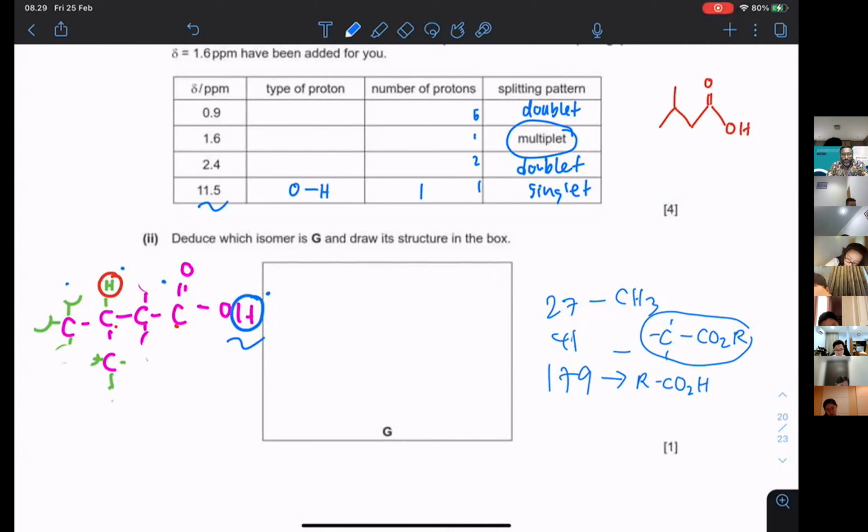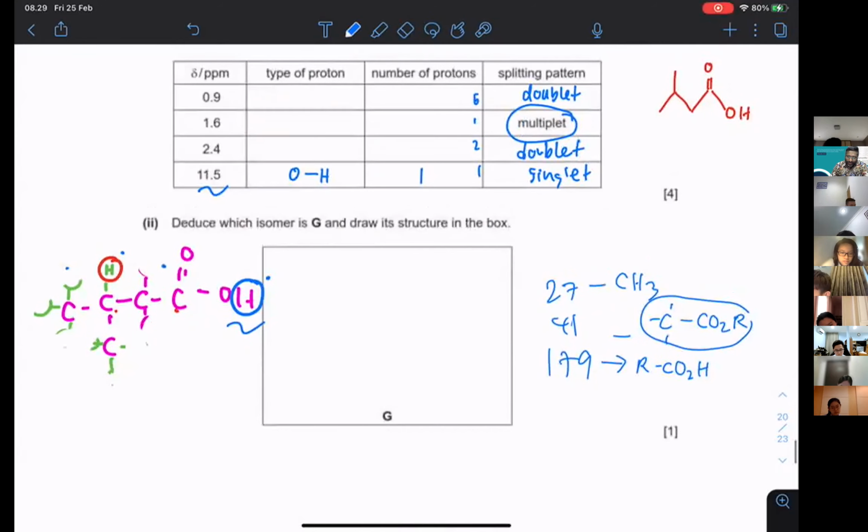That's the proton. If you look at the others, you see the one that gives you a multiplet. It means the adjacent carbon has a hydrogen, I think this hydrogen, and the adjacent hydrogens number 6.